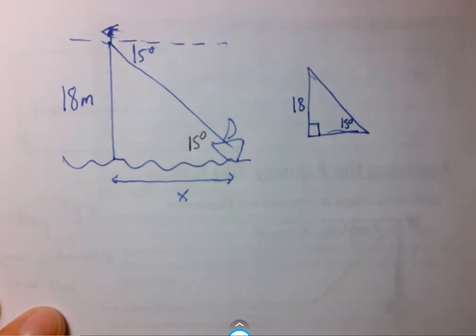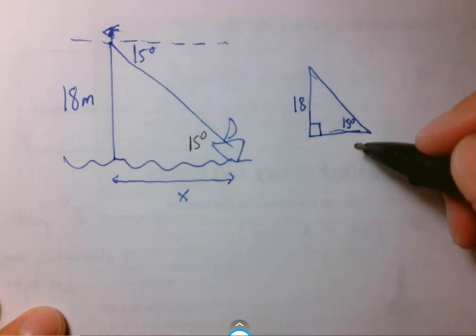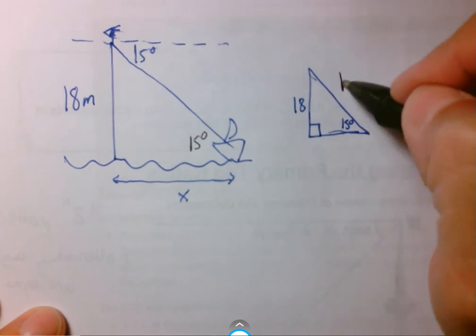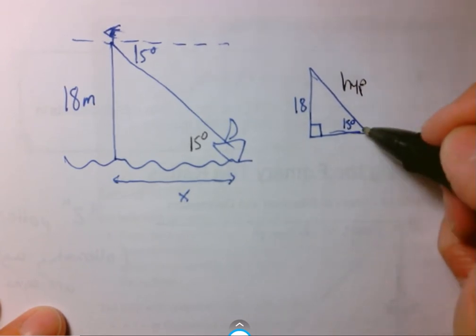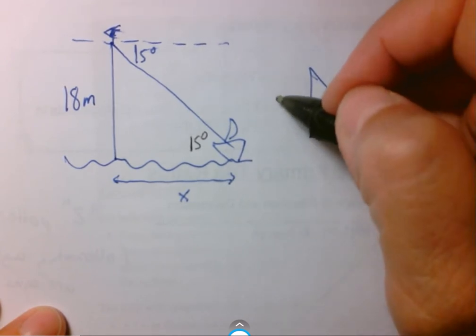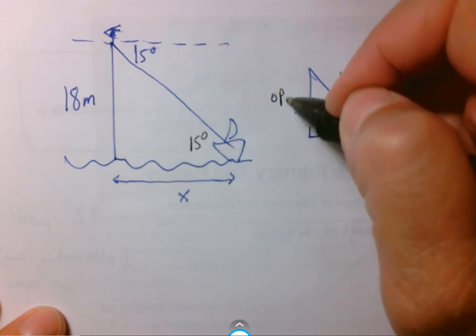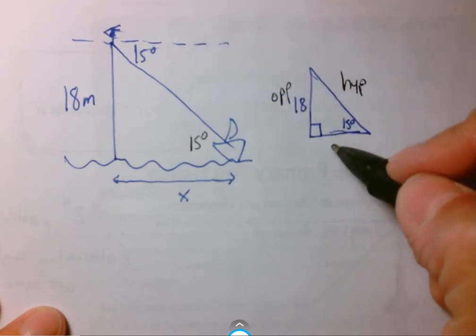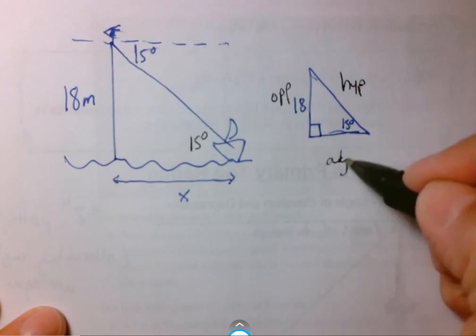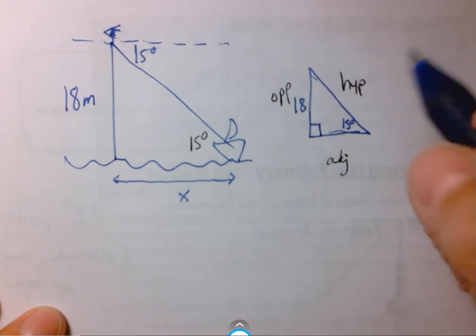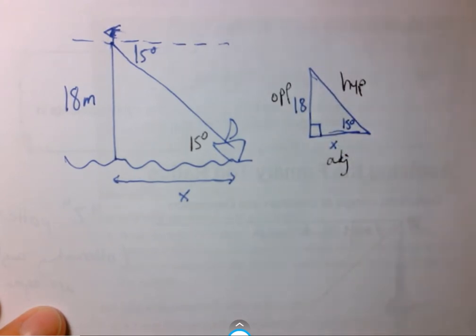And now this looks like any old right angle triangle that we've already been working with. From the 15 degrees, I can label the sides. This is hypotenuse. Across from the 15 degrees is 18, which is the opposite. And this one here is the adjacent. And they're asking us for the adjacent.